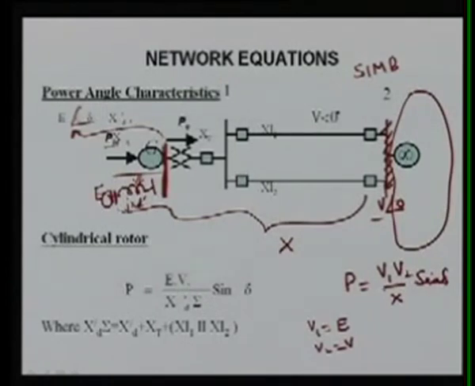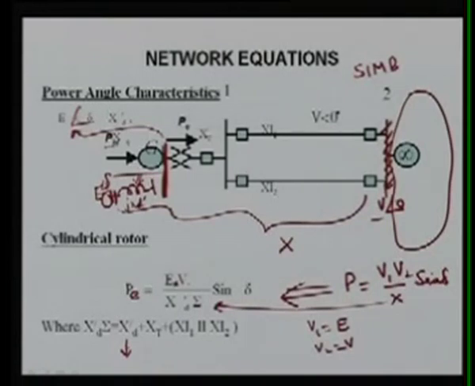Now this can be simplified: PE is equal to E multiplied by the infinite bus voltage V, divided by the total XD prime sum, that is the total X here, times sine delta, where the angle here is 0 and the internal angle is delta.